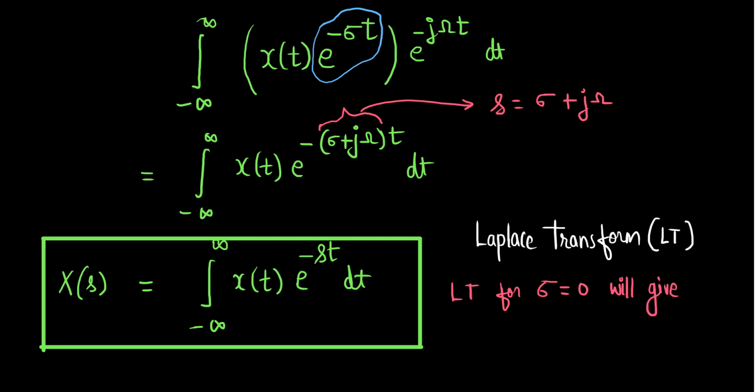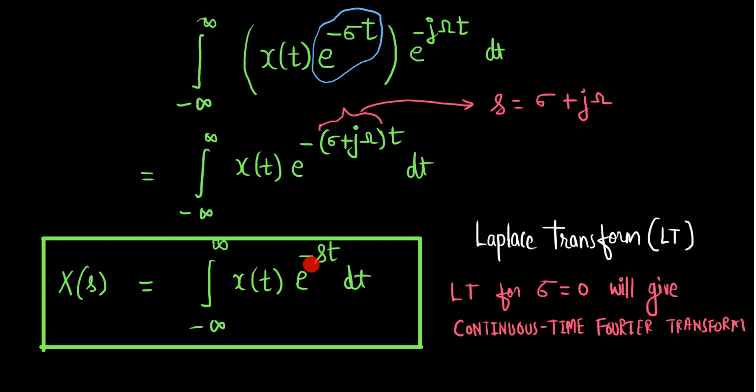Which Fourier transform? It is of course the continuous time Fourier transform. So the Laplace transform evaluated at sigma equals 0 is going to give you the Fourier transform.